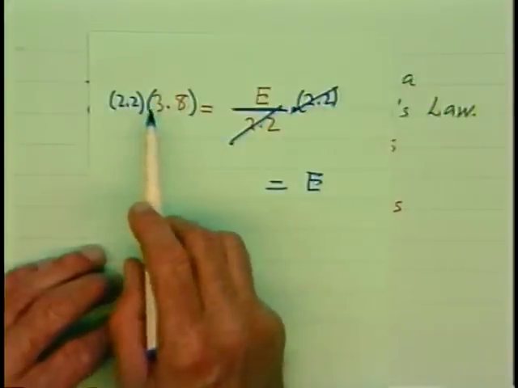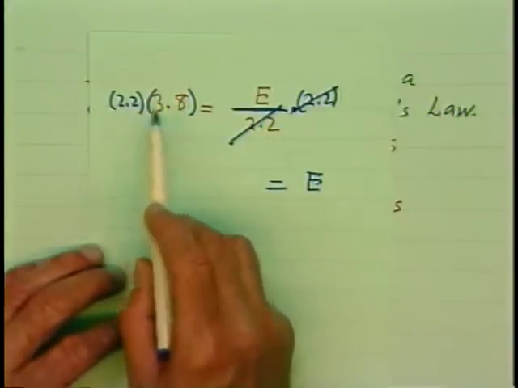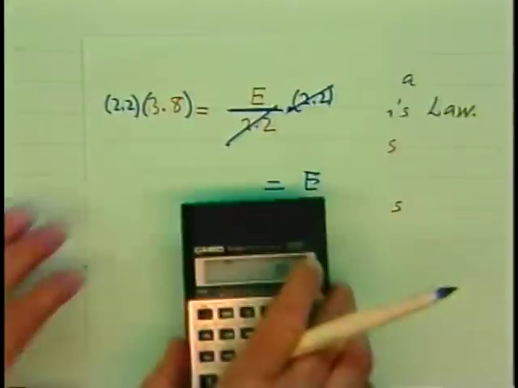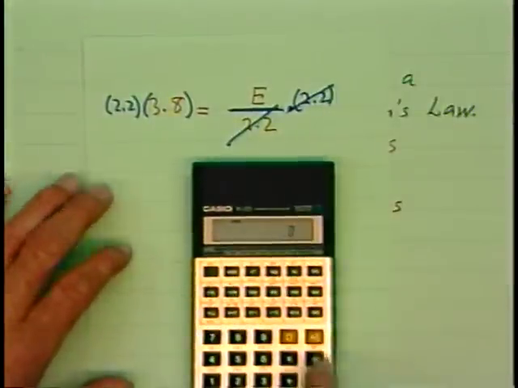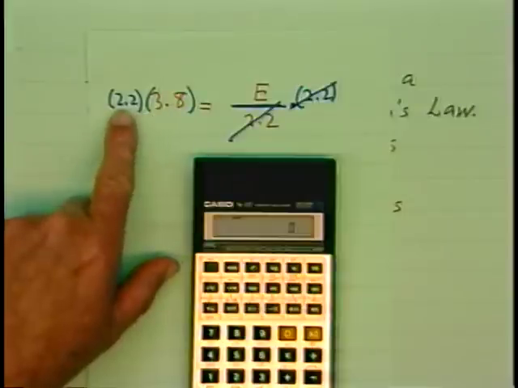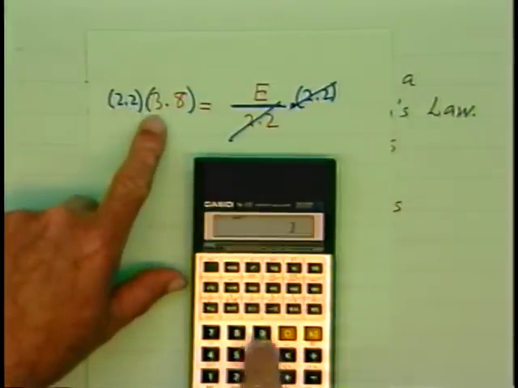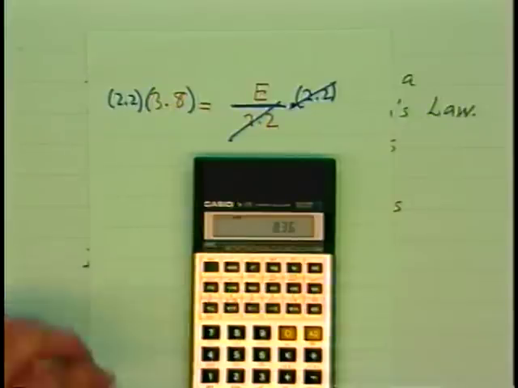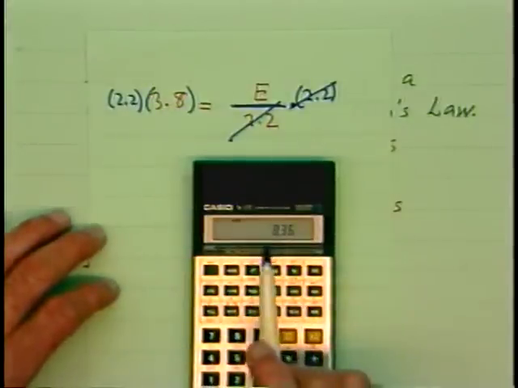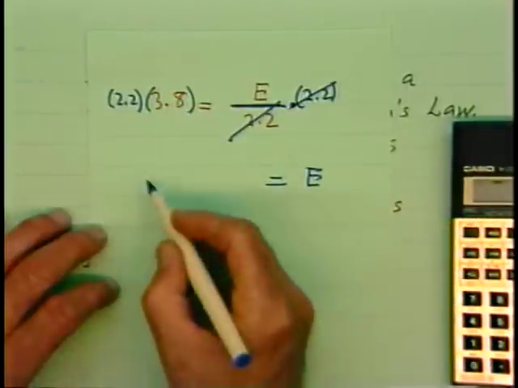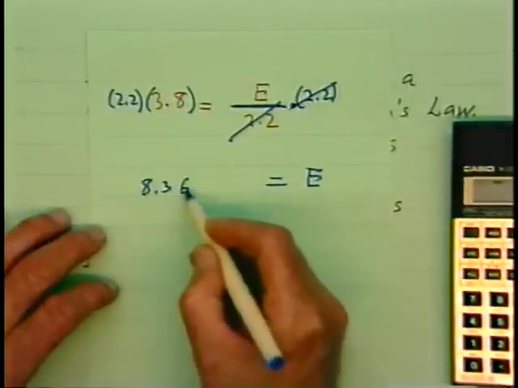So we simply use our knowledge of the previous lesson or calculator and do what our algebra is directing us, 2.2 times 3.8. And we have that the voltage must indeed be 8.36 volts.